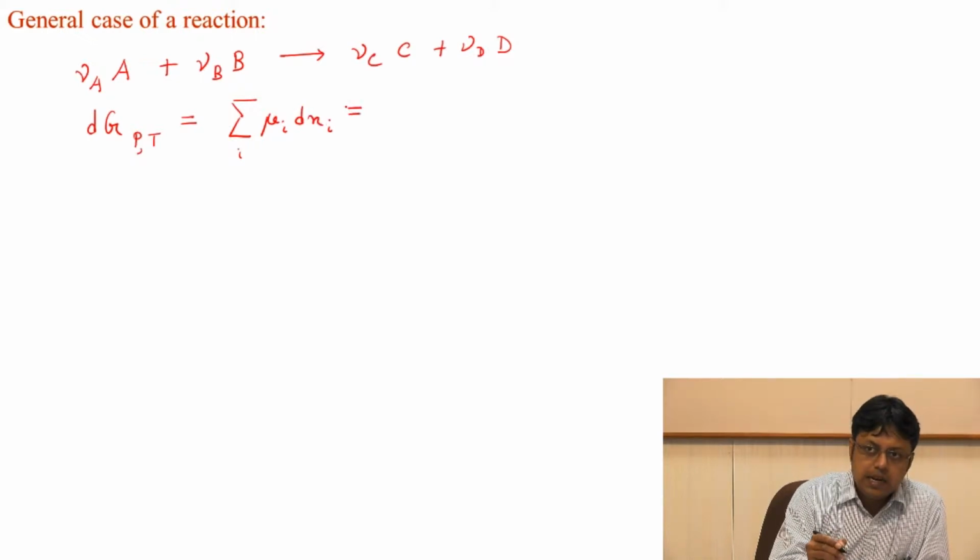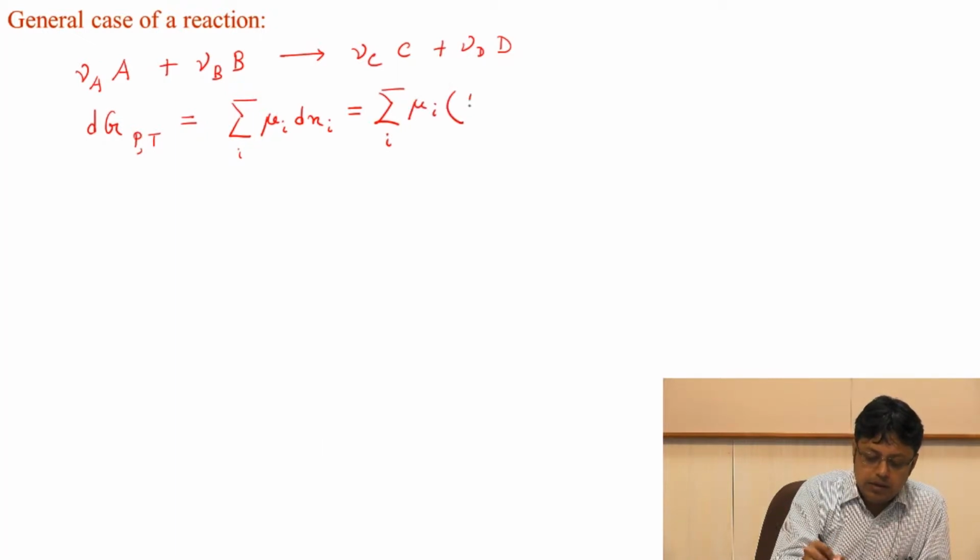And dn i, we know, has to be multiplied by the stoichiometric number, so this is nothing but nu i.